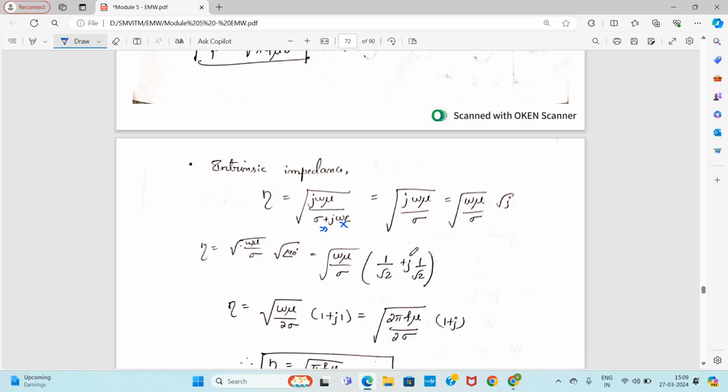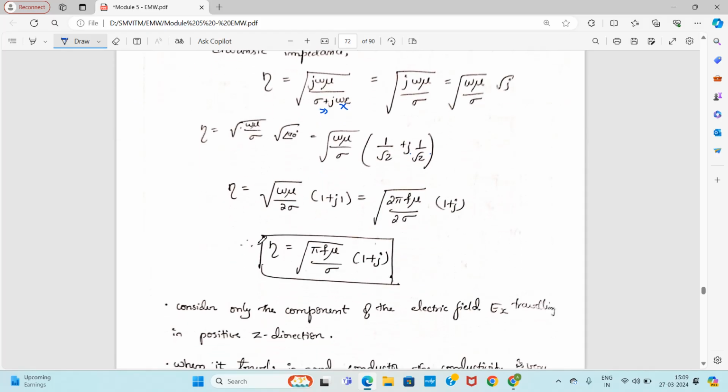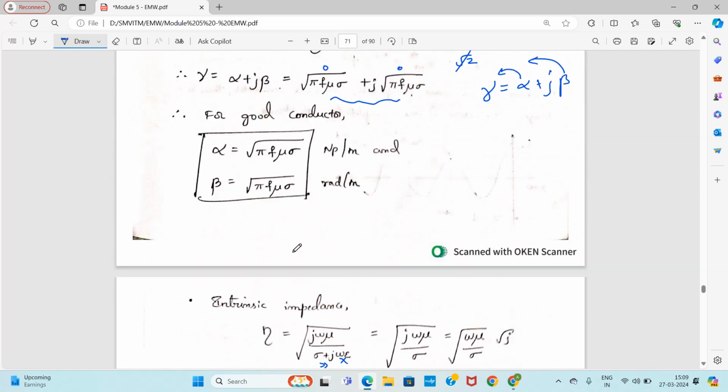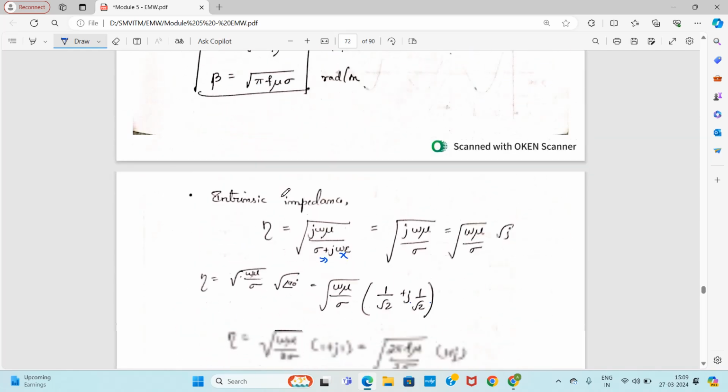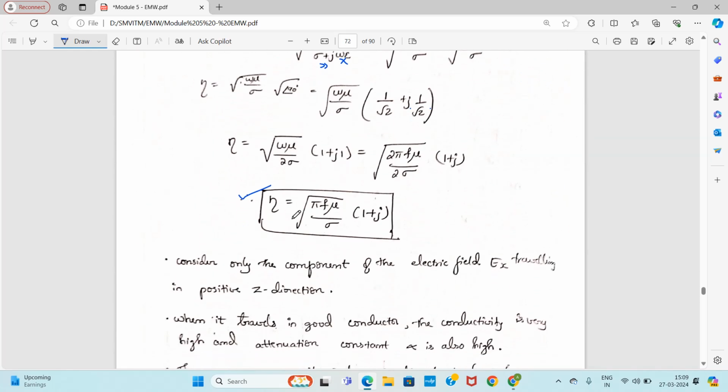And cos 45, sin 45 is again 1 by root 2 plus j 1 by root 2. By opening the bracket and multiplying these terms, we will end up with this equation. This is going to be the equation for finding out eta, right? So these are the formulas you have to remember for alpha, beta, and eta.